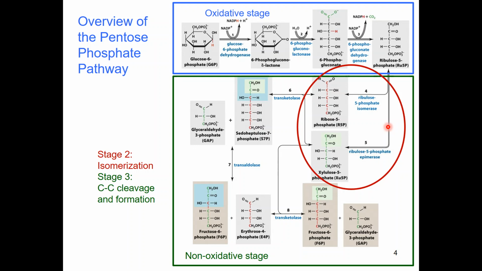So we can view those 2 isomerization steps as stage 2 of the pathway. And the remaining 3 steps include only reactions involving cleavage of the C-C bond and reformation of the bond to rearrange those carbon atoms between different carbohydrates.